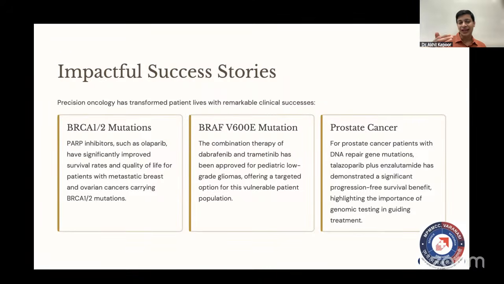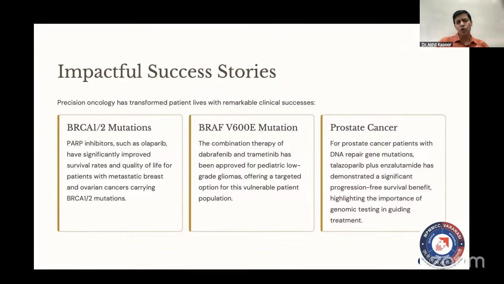PARP1 is active in the cancer, but PARP2 inhibition leads to myelosuppression. So PARP2 inhibition leads to reduction in hemoglobin, platelets, and WBC. That is why these PARP inhibitors have a tendency to develop myelosuppression. So we are not able to give the full dose of olaparib or rucaparib to a large majority of our patients. 80% of our patients actually require dose reduction in routine practice.